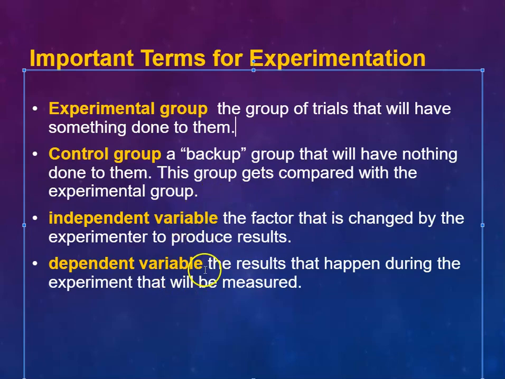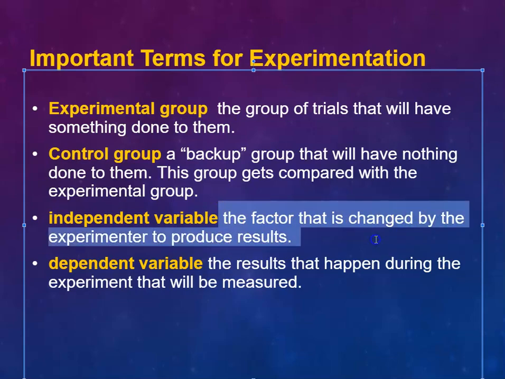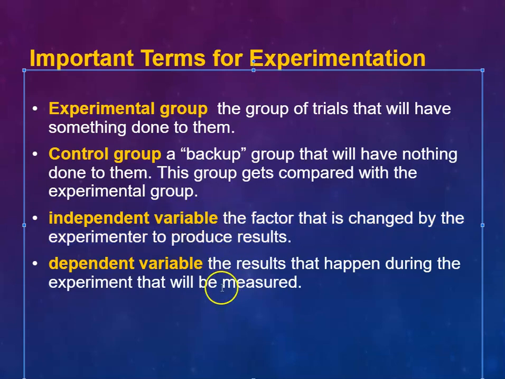Independent variable, dependent variable, both of these basically are 2 different variables that happen before and after the experiment itself. The independent variable is something that we change before the experiment, so essentially changing what we would feed a plant if that was our experiment. We're feeding one Gatorade and one water. The Gatorade and the water would be the independent variables essentially. And then the dependent variable would be the things that we measure afterwards.